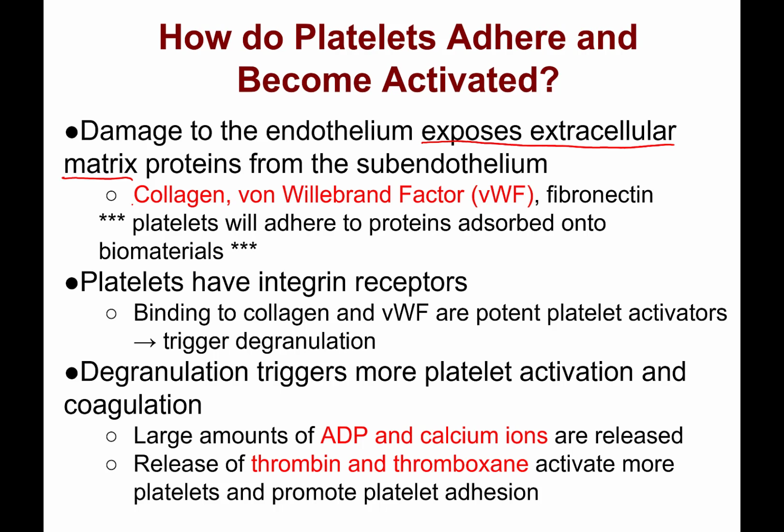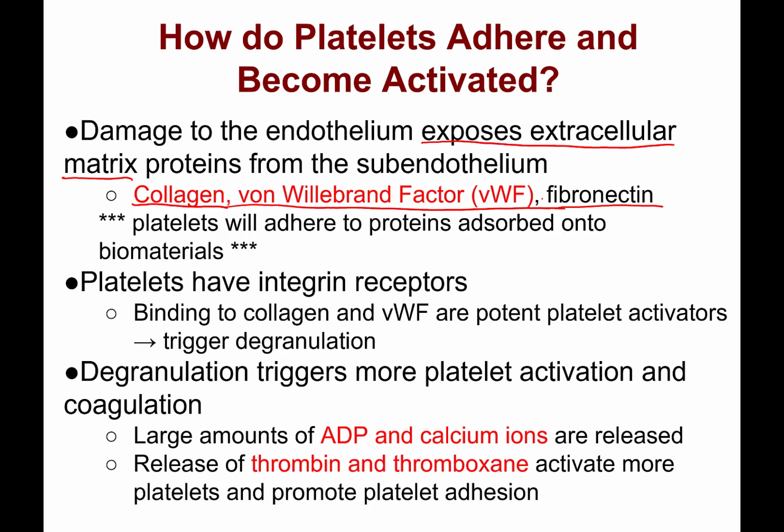These include collagen and fibronectin, and then there's also this von Willebrand factor, which can stick to the collagen. So there's some von Willebrand factor that will just circulate in the blood. And so platelets, they will adhere to these proteins that are exposed on the subendothelium, or if we're thinking about biomaterials, if these proteins adsorb onto the biomaterial surface.